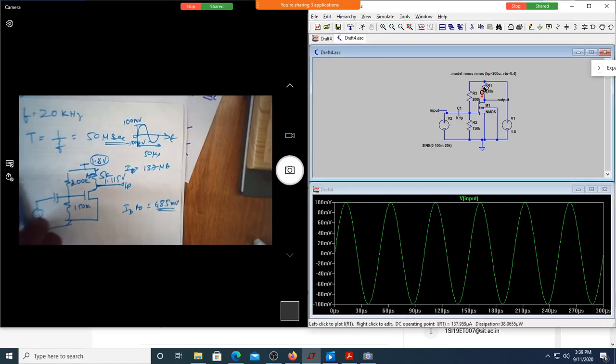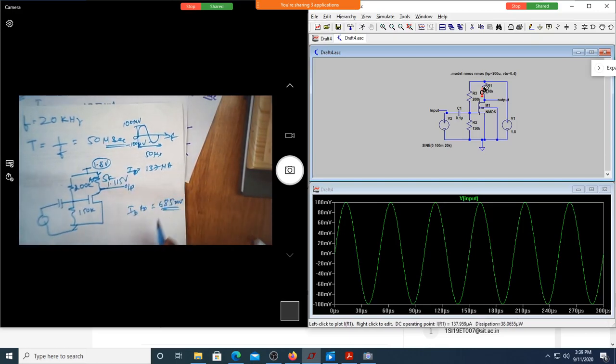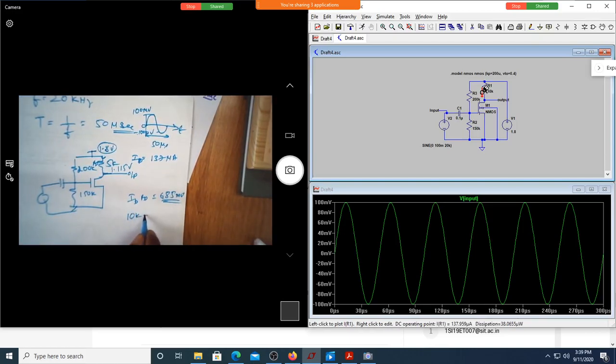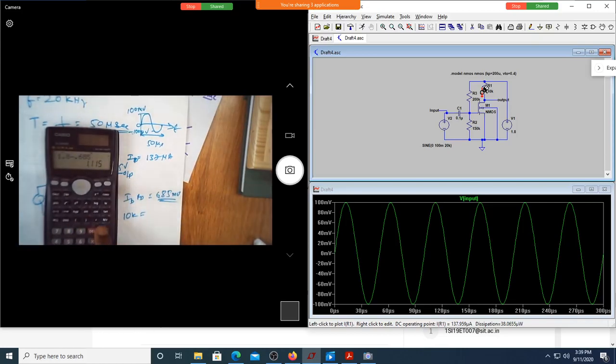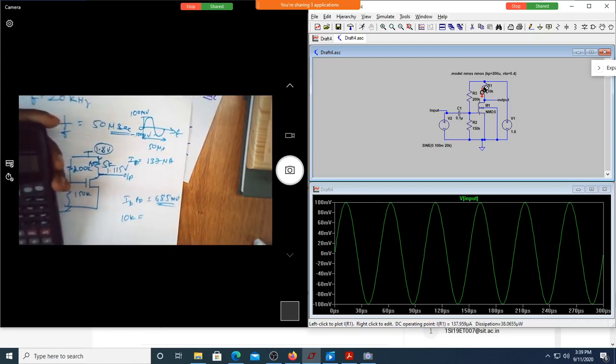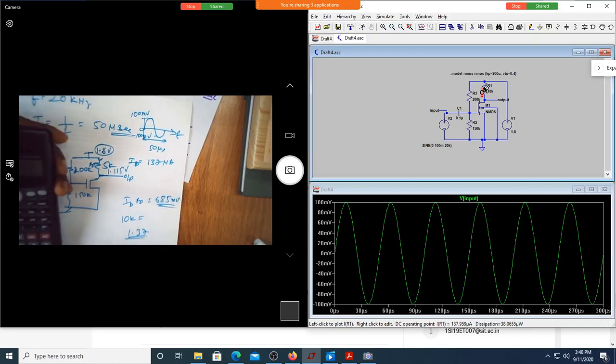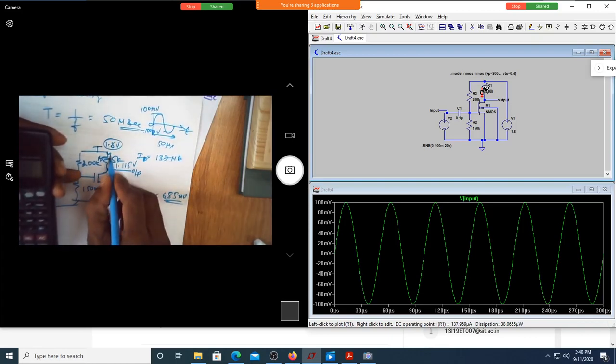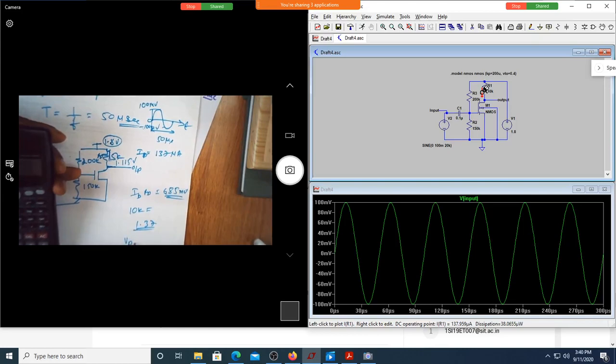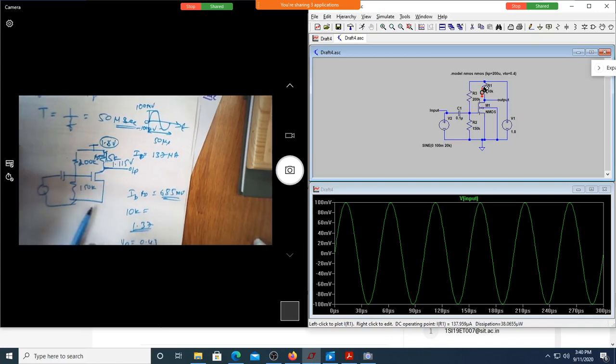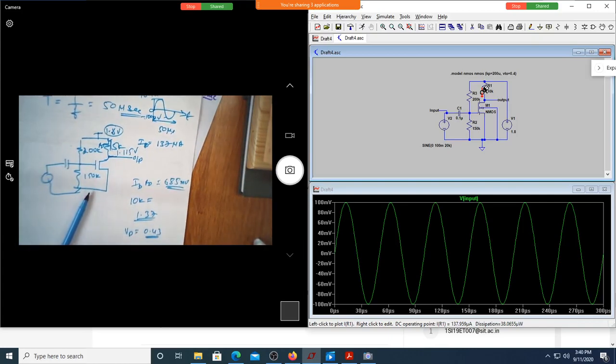If I make it 10k, what will be the voltage drop? 137 exponential minus 6 into 10 exponential 3. Is it 1.37 volt? That much is the drop. Then how much is VD, the voltage at drain? 1.8 minus 1.37, is it not 0.43? Now let us see what happens.